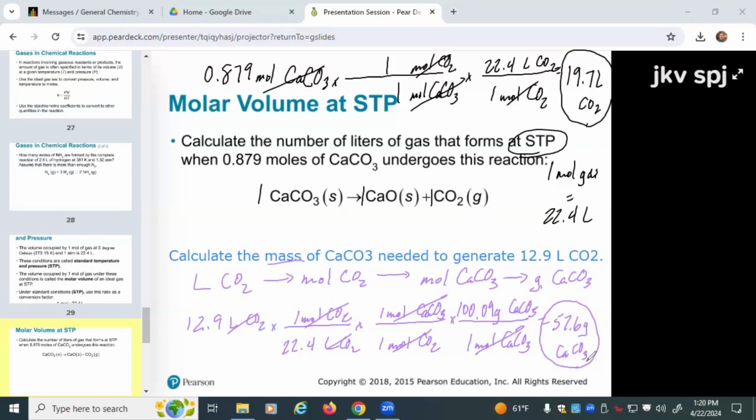So you don't have to worry about using the idea of gas law to make this conversion happen. You just need to know the Avogadro conversion, and that is given to you on the equation sheet. 1 mole of gas at STP is 22.4 liters.